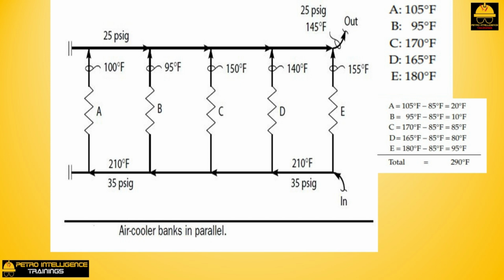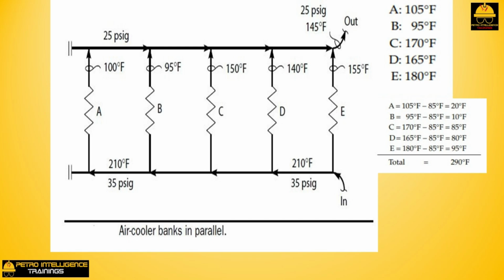D equals 165 degrees Fahrenheit minus 85 degrees Fahrenheit equals 80 degrees Fahrenheit. E equals 180 degrees Fahrenheit minus 85 degrees Fahrenheit equals 95 degrees Fahrenheit. And the total equals 290 degrees Fahrenheit.